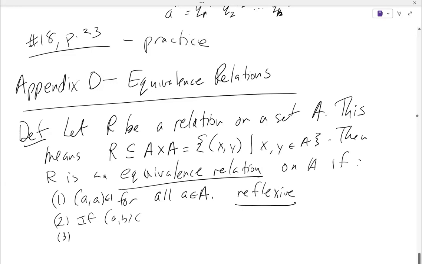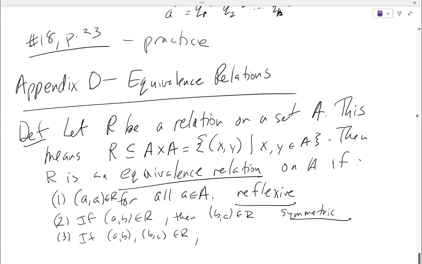If I start with (A, B) in R, then (B, A) is also in R. That's symmetric. And then the last one says that if (A, B) and (B, C) are in R, then (A, C) is also in R. And that's what we refer to as transitive.